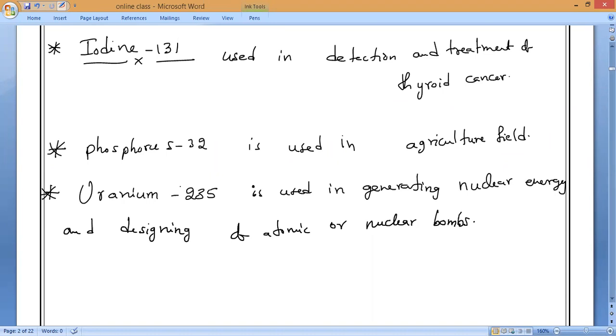Uranium-235 is extremely highly reactive in nature and the world's costliest. One gram of uranium-235 is worth even crores of money. It is illegal to even transport, and ordinary people cannot even touch it because it is highly reactive. It will cause many types of cancer if uranium-235 hits our body.